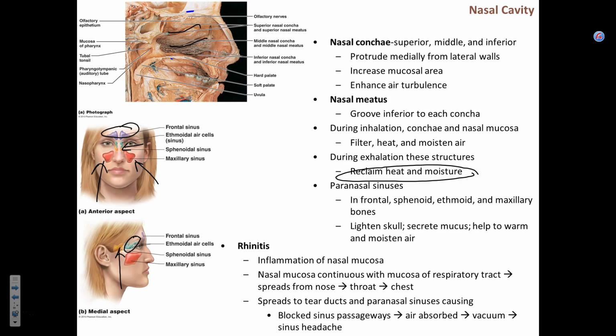When you get a stuffy nose, the mucosal secretions start to accumulate and block the passageways from sinuses into the nose. It creates decreased pressure in the sinuses because air gets absorbed from the sinuses, but there is no air coming in. Do you understand what I'm saying?